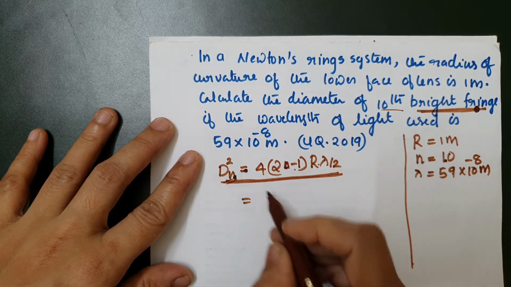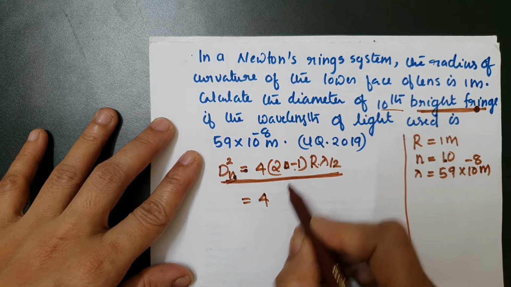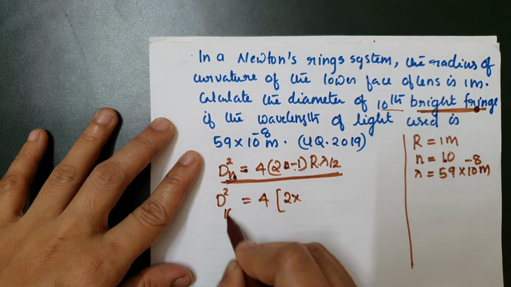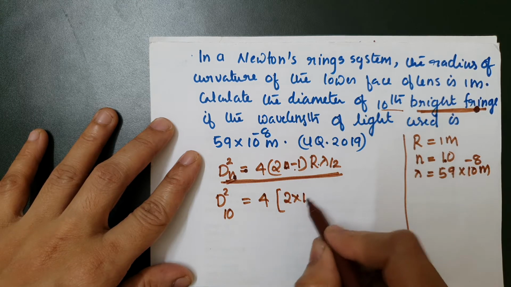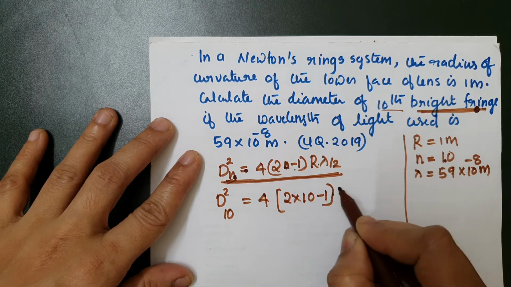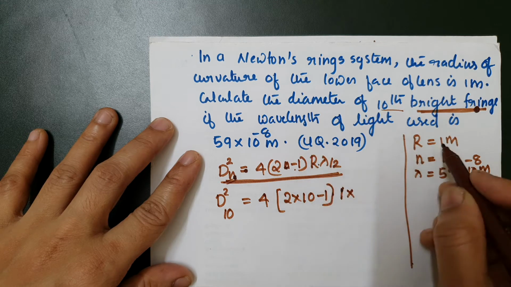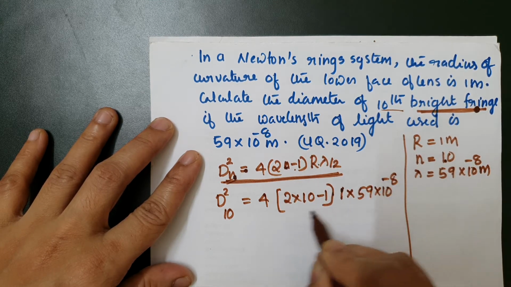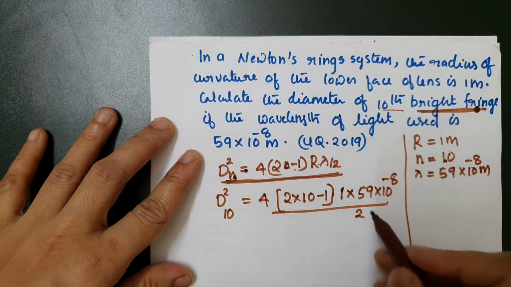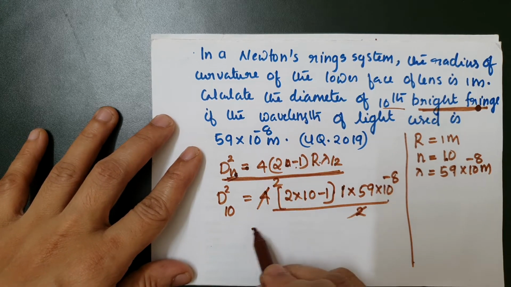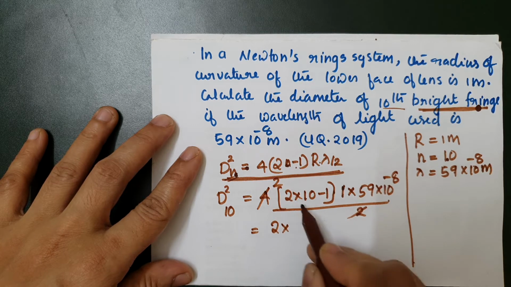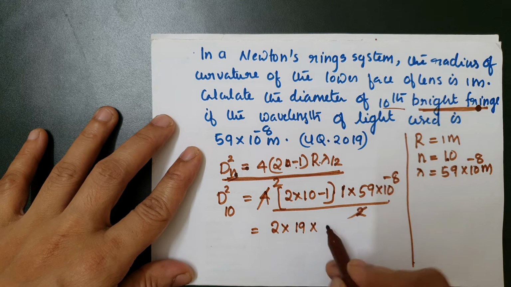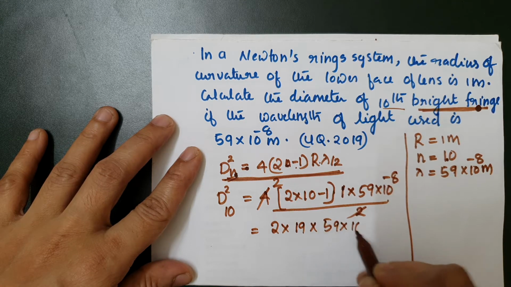According to this equation, d square 10 is equal to 4 into 2 into 10 minus 1, into r is 1, into lambda 59 into 10 raised to the minus 8, the whole divided by 2. So this will give 2 into 19 into 59 into 10 raised to the minus 8.